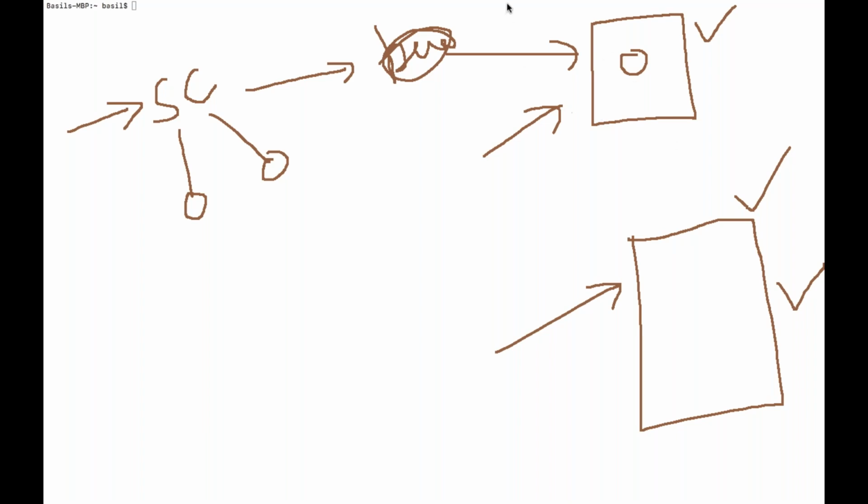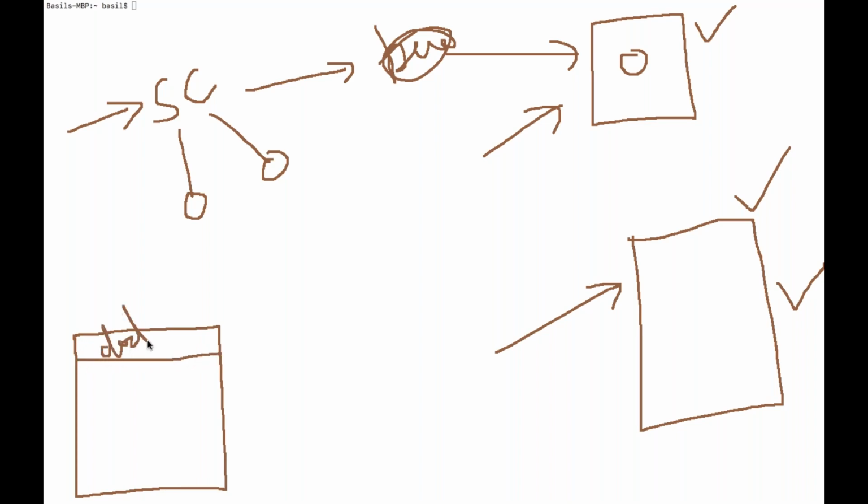So instead of this, let's think about this. You have a developer working on his laptop. He installed Docker on his laptop. What that means is he can create one container on his laptop.